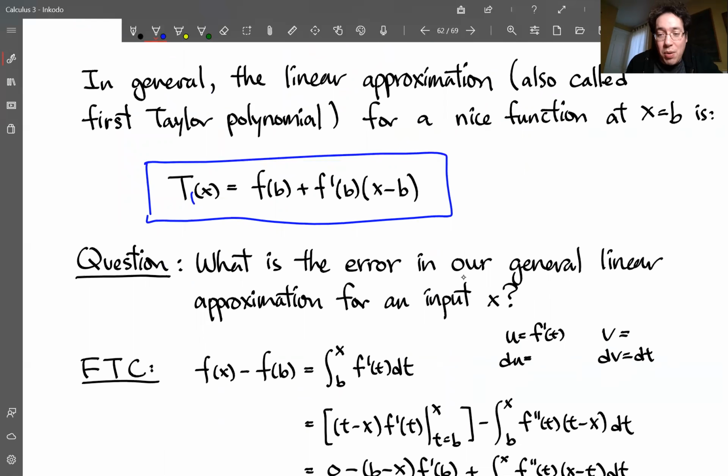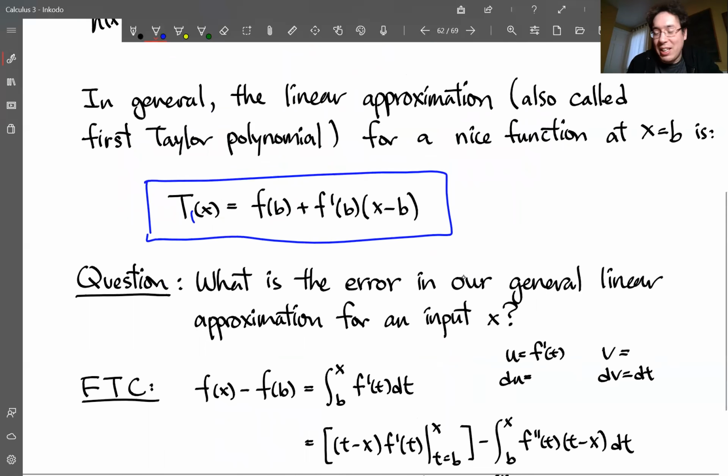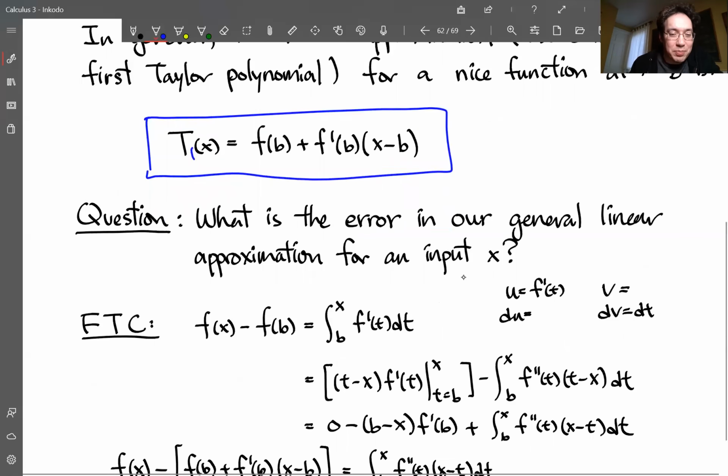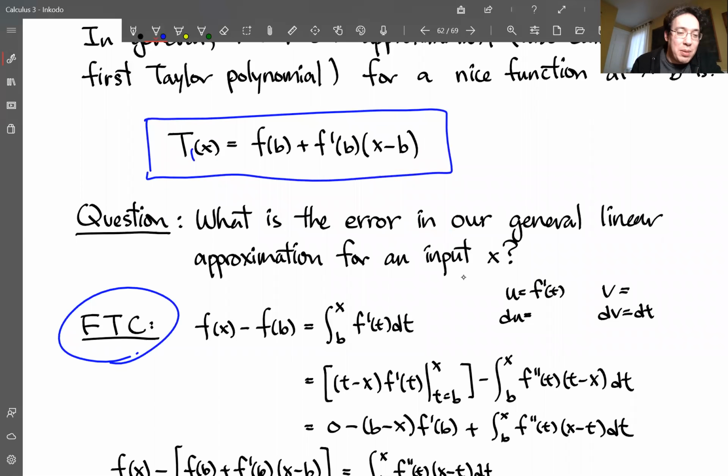Okay, so one of the tools we have now that we didn't in Calc 1 is integrals. So let's use that. I'm using the fundamental theorem of calculus, part 2, which we use all the time to compute antiderivatives.